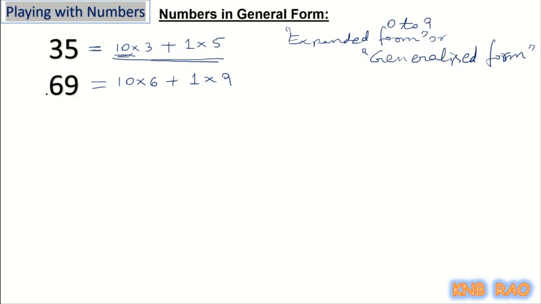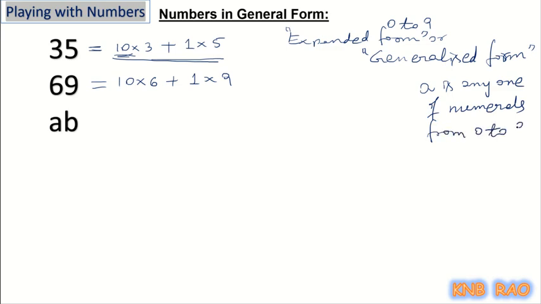Suppose I have a 2-digit number given as AB. What do you mean by this AB? Here A is any one of the numerals from 0 to 9, written in the tens place.